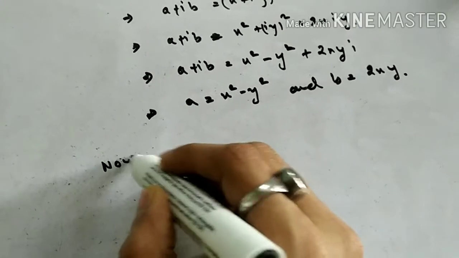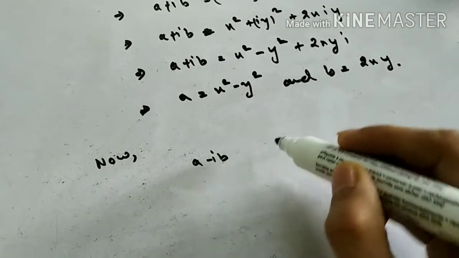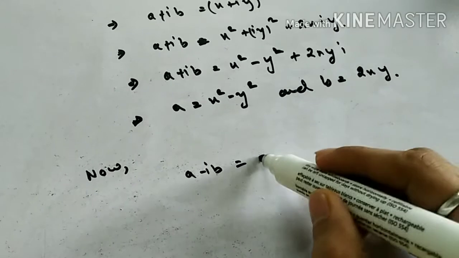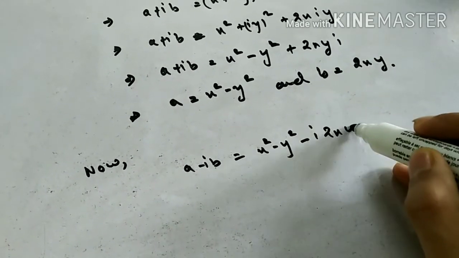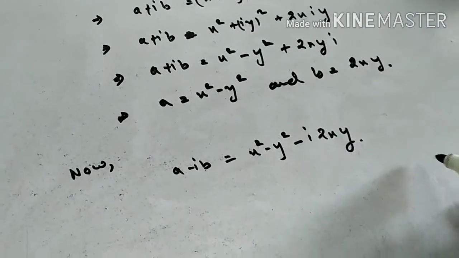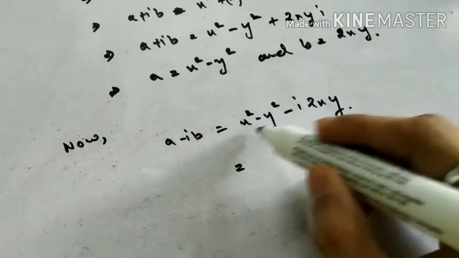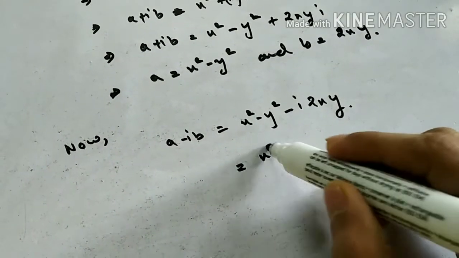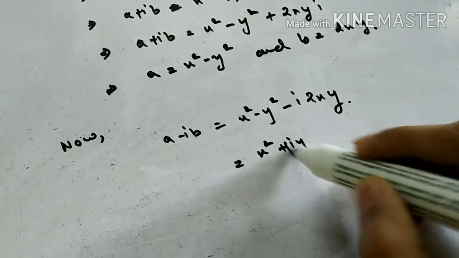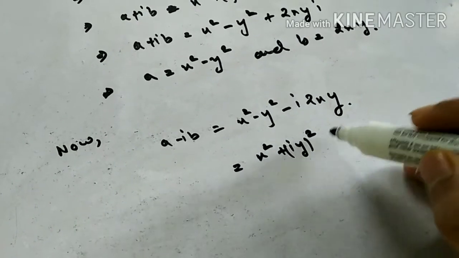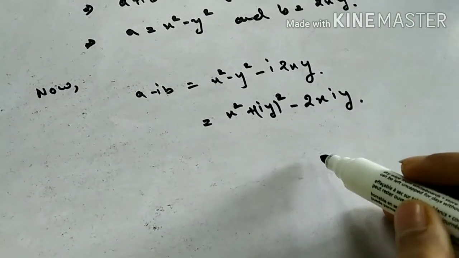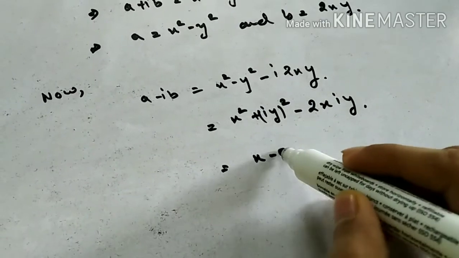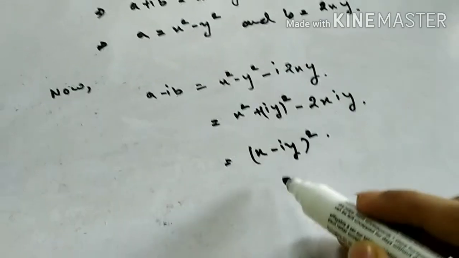Now what I will do, I will write a minus ib, which becomes x square minus y square minus i 2xy. So this is equal to, I can write it as, x square plus iy the whole square minus 2xiy. This gives me x minus iy the whole square.